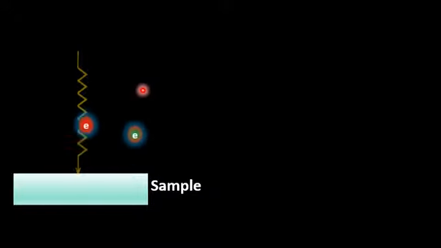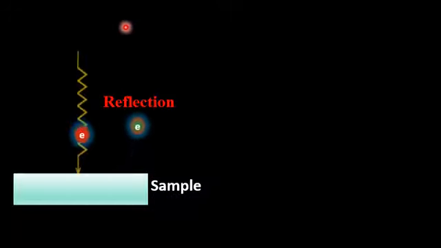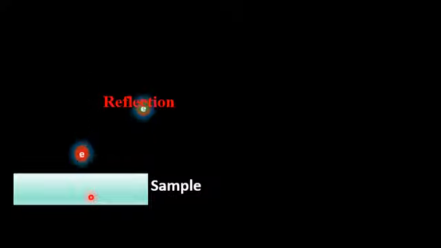This process is known as the reflection process of electrons. So basically, dear student, an energetic beam of electrons interacting with a sample or specimen surface may cause a reflection of other electrons present on the sample surface.